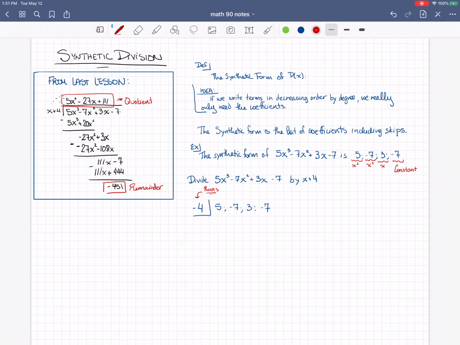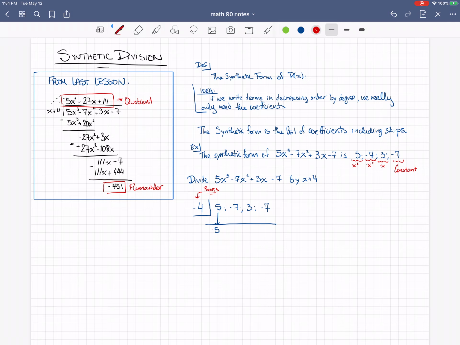All right, now, check it out. Look at how quickly this is going to go. Just like we noticed in the last lesson, when we're dividing by x plus 4, the leading term of the polynomial we're dividing is going to be the leading term of our quotient. So the 5 just drops down. And now we start a cycle. I call this cycle the multiply-add cycle.